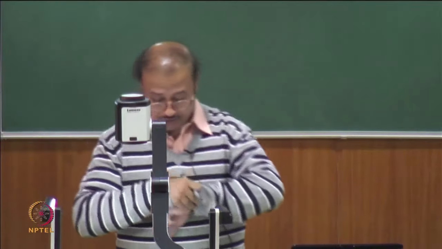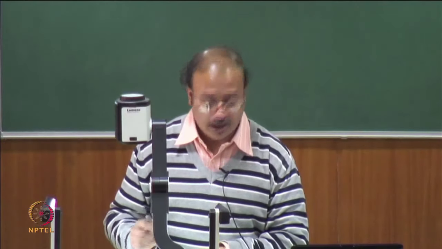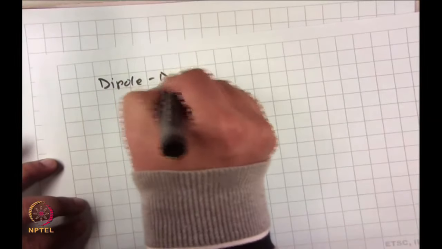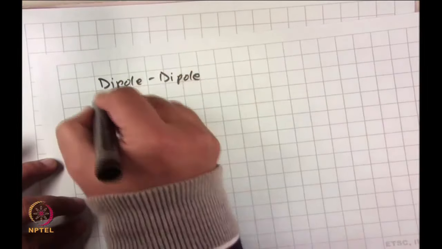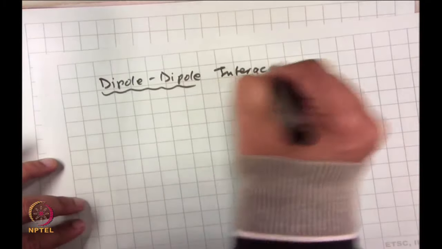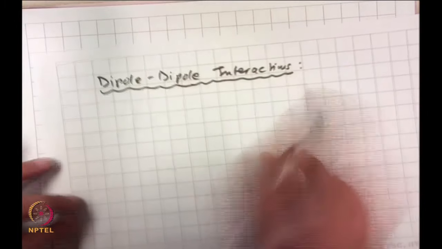Let me see how much time we have. I will just start this, then we will go on with this in the next class. What I will do now is change from ion dipole and go to dipole dipole interactions.